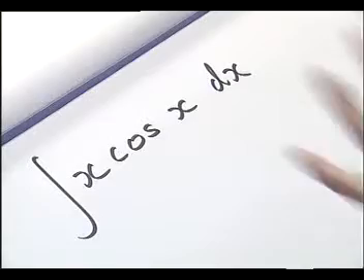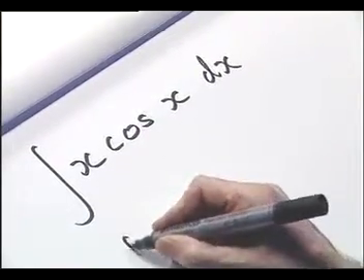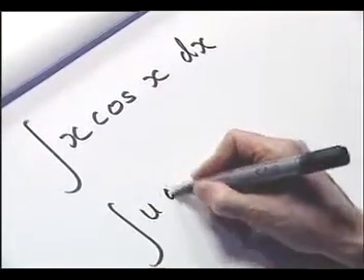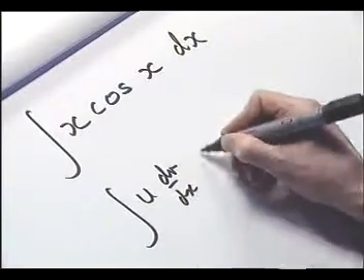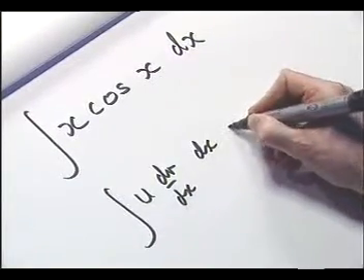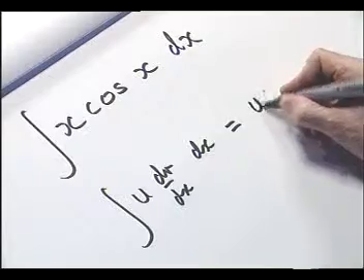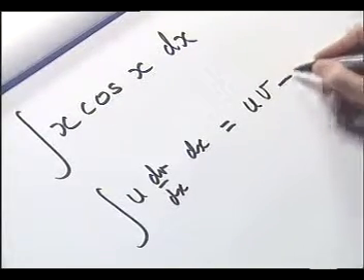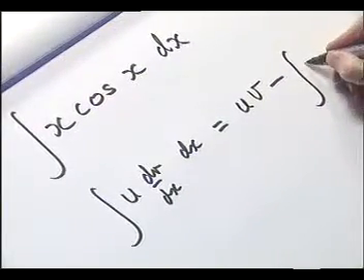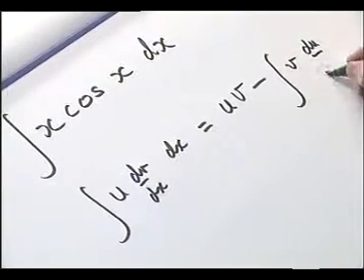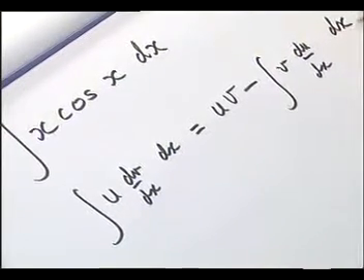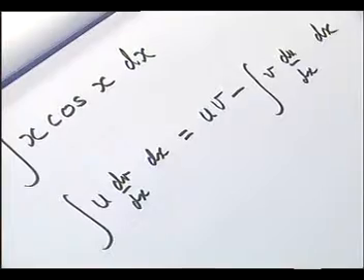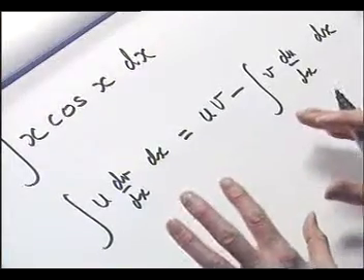Now let's just write down the formula again so we can see what happens. u dv/dx integrated with respect to x is equal to uv minus the integral of v du/dx integrated with respect to x. Now let's examine our choice.